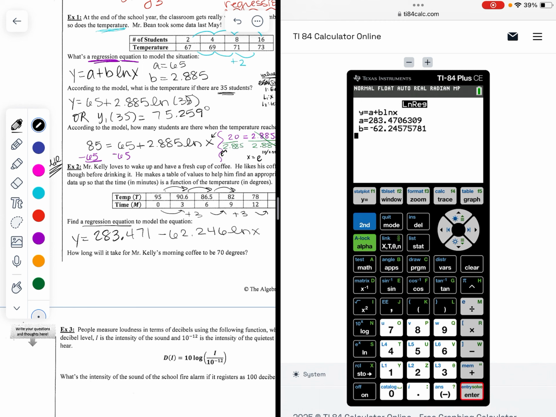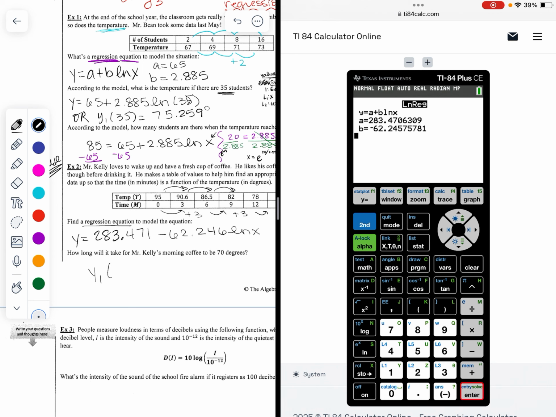So how long will it take for the morning coffee to be 70 degrees? So looking at how long it'll take for it to be 70 degrees, we're going to plug in Y1 of 70.